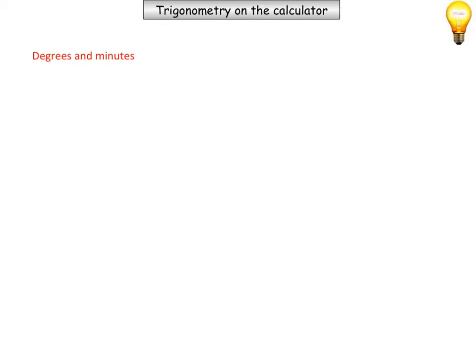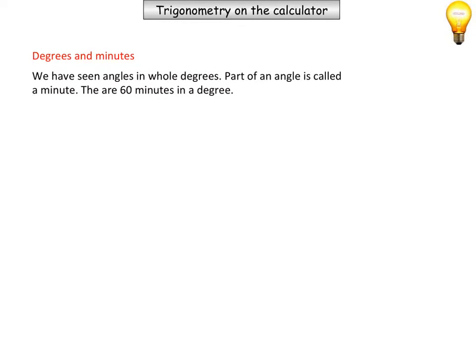Before we go any further, we need to understand a bit of information on degrees and minutes. We've seen that in most right angled triangle problems, all the angles are whole numbers, but there are angles in between the whole numbers.